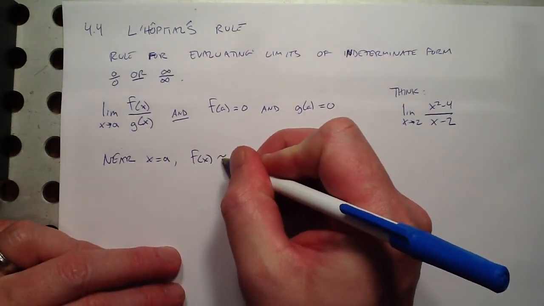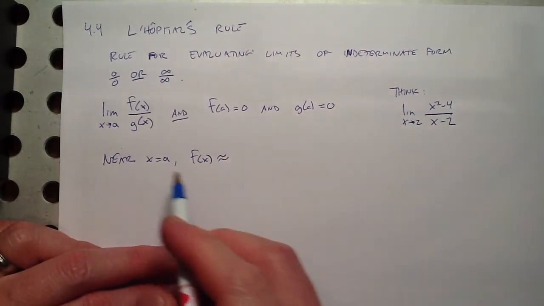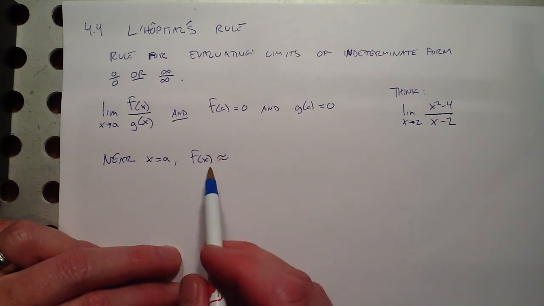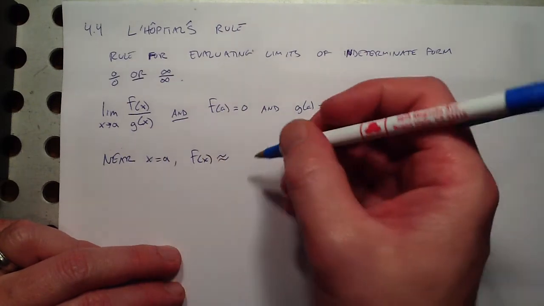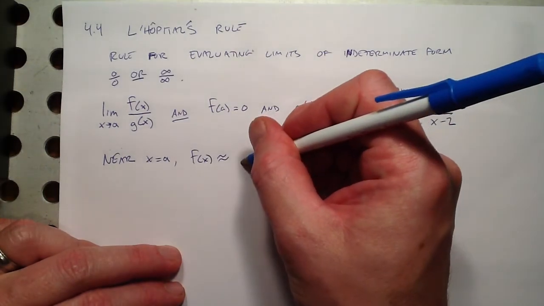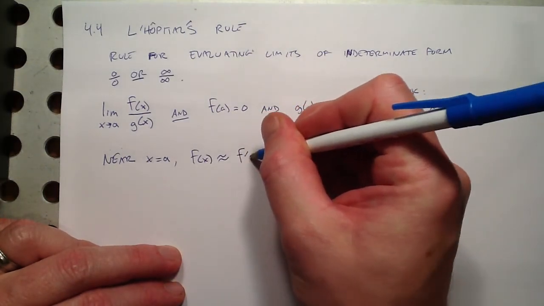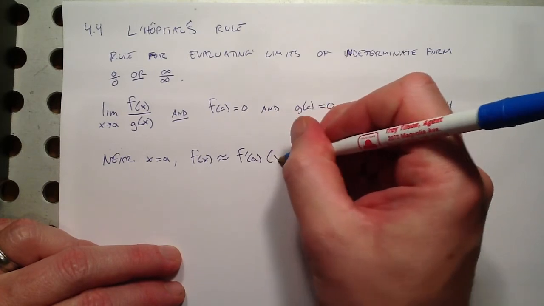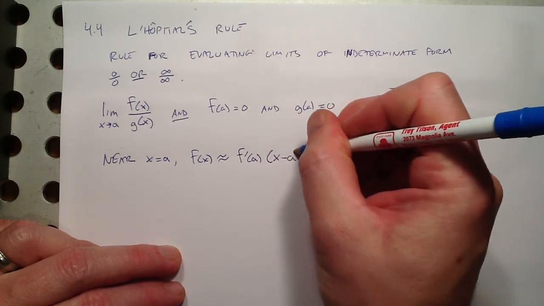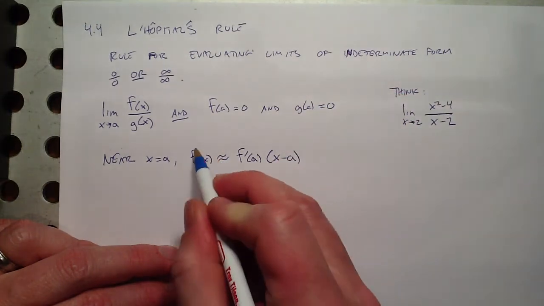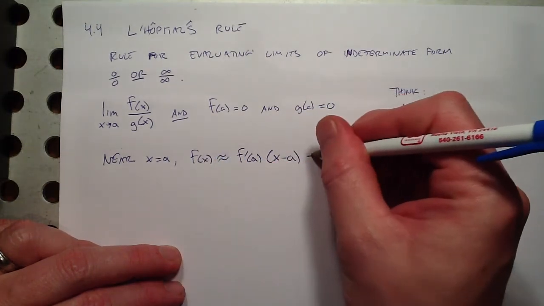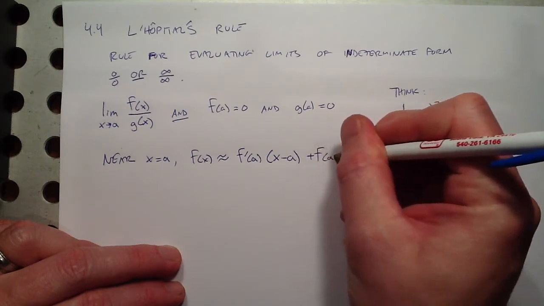Remember, using a little bit of point-slope form, I could write it as this. It would be the slope, which would be f prime evaluated at a, times x minus a, and then on this side, this would be like my y equals, I'd have the minus f of a. I'm going to just add that to this side, like that.